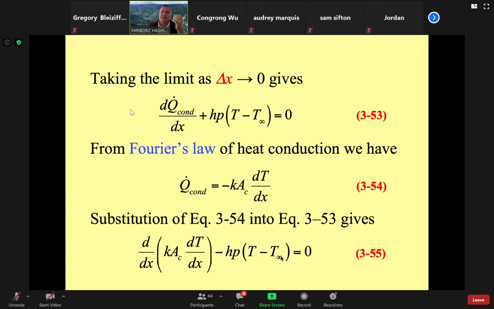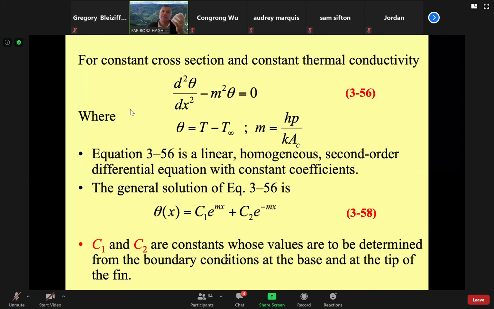Now, remember, T infinity is constant. If I take the derivative of T minus T infinity, it becomes dT over dx, because the derivative of the constant is 0. If I take the second derivative, it becomes this one. Therefore, this expression comes here, this was my hP over kAc, I call it m squared, and I call T minus T infinity theta.